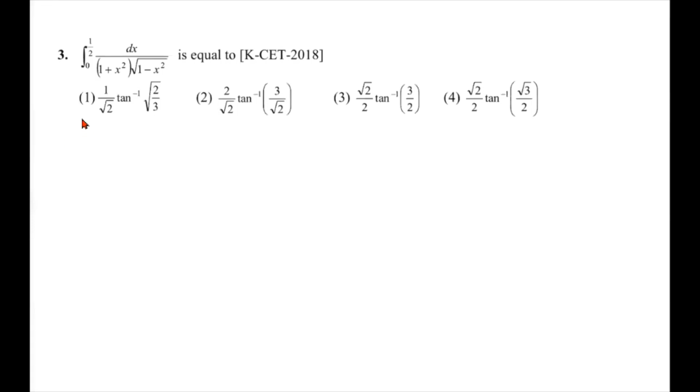Next question is integral 0 to 1 by 2 of dx upon 1 plus x square times root of 1 minus x square. This appeared in the 2018 KCET paper. Since you have root of 1 minus x square, let us take x equal to sin theta as the substitution.